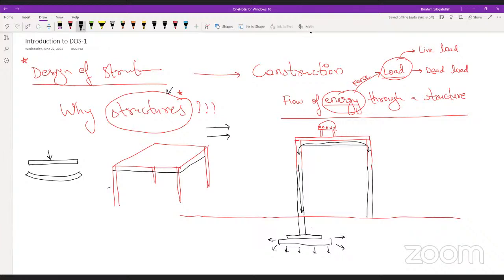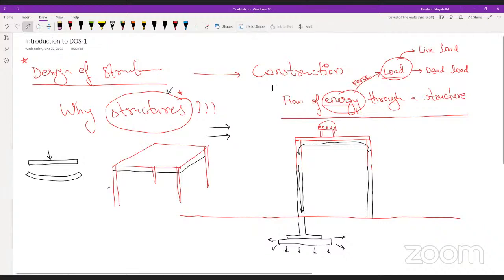Even though we are artists, it does not mean that whatever designs we make are supposed to be put into a frame and hung on the walls. No. Whatever designs we make are supposed to be constructed practically on the site. And that's the reason why we are supposed to understand the flow of energy.